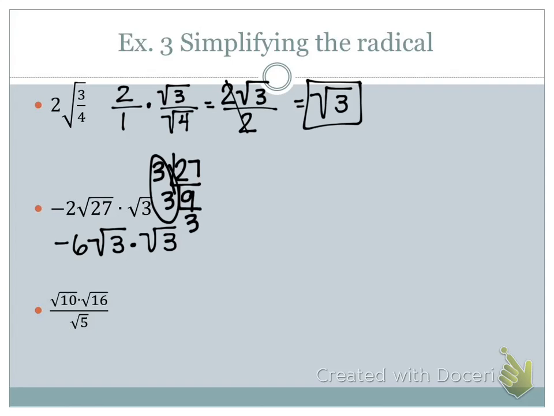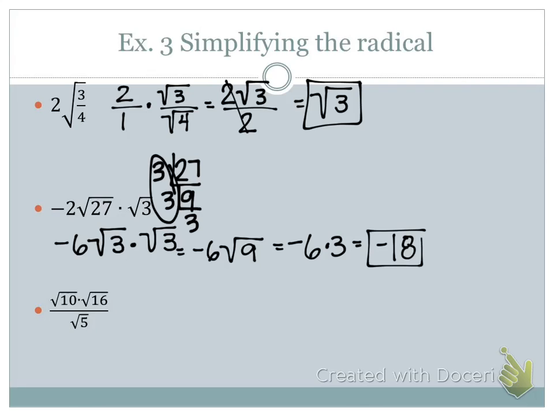Now, since I have the two radicals, what can I do with the numbers underneath them? Multiply them. So I'm going to have negative 6 times the square root of 9. What's the square root of 9? 3. Negative 6 times 3 equals what? Negative 18.